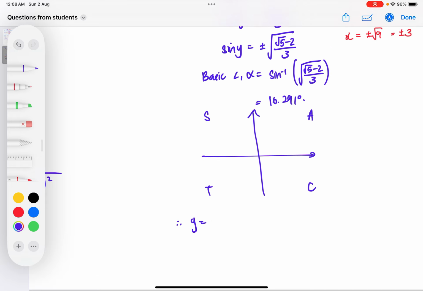So therefore y is 16.291, that is in the first quadrant.